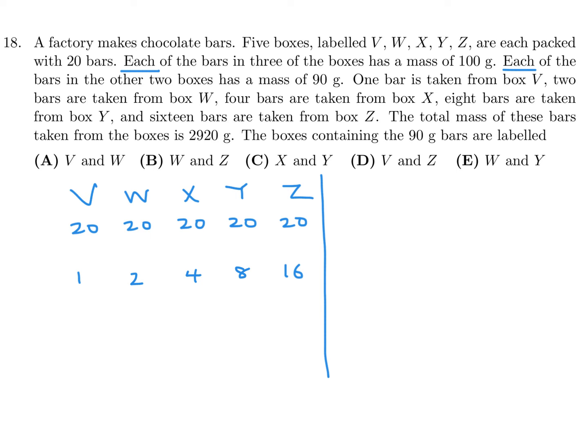Okay, so let's assign. Let's say that these first 3 were the 100-gram bars, and the last 2 are the 90-gram bars, and let's see what happens.